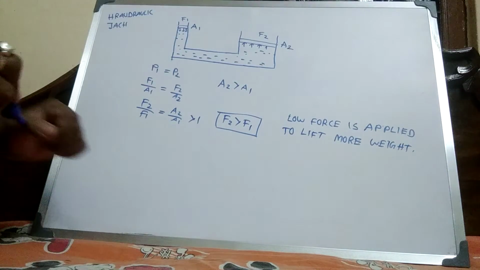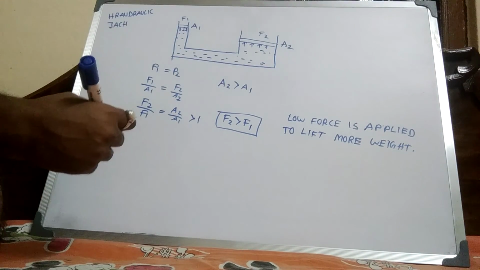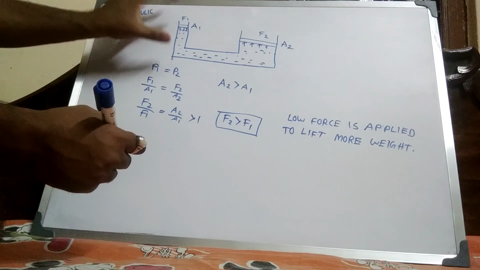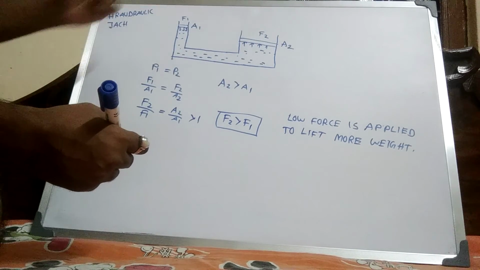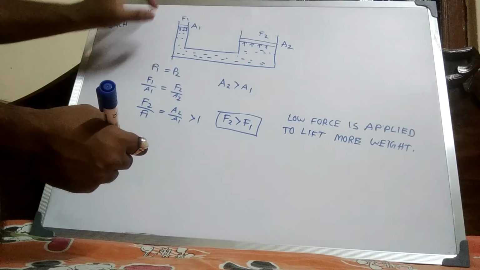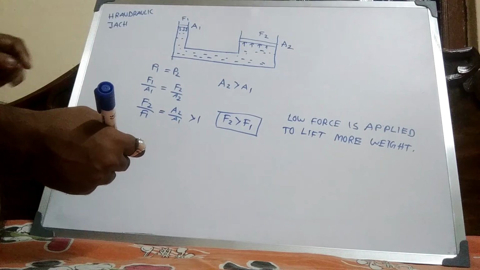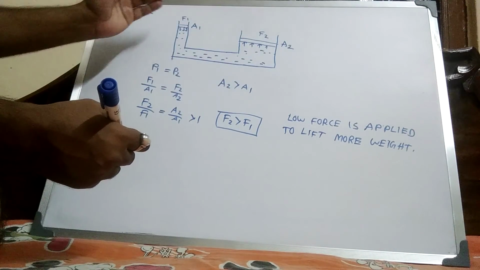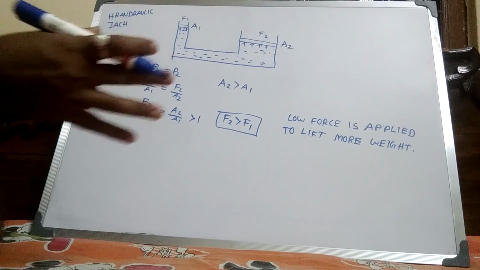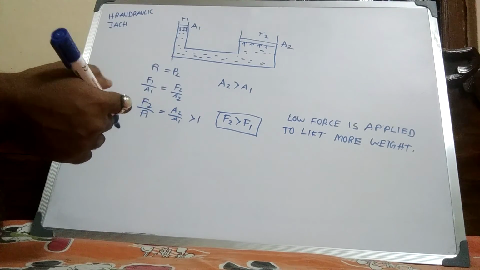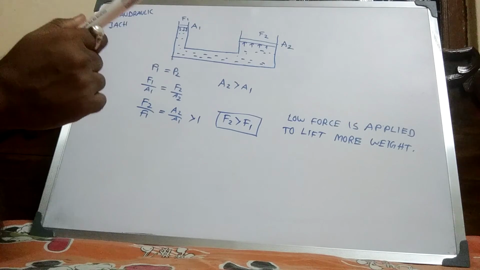Understand my points? Here the pressure is the same. With small pressure and a low force here, you can lift more weight. The same case you can see in a JCB machine.